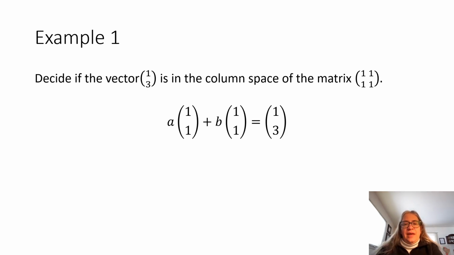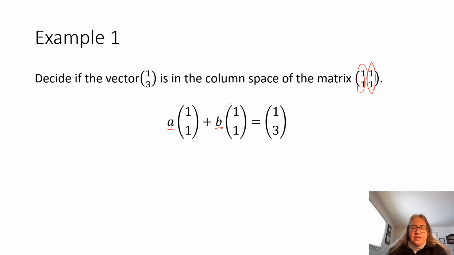So I think of making a linear combination of the columns, A times the vector (1, 1), B times the vector (1, 1). These are these vertical (1, 1)s that I'm using here. And if (1, 3) is a linear combination of (1, 1) and (1, 1), it would mean that there exist real numbers A and B that would make this equation true.